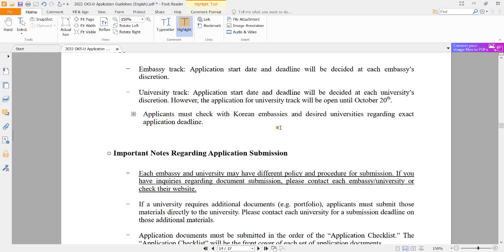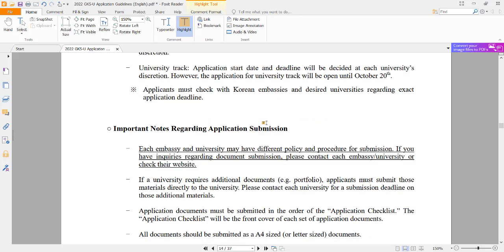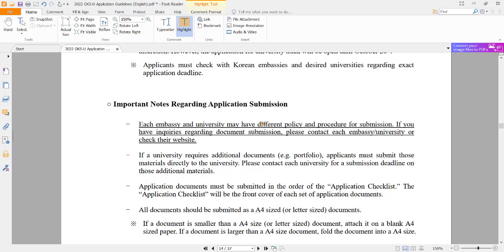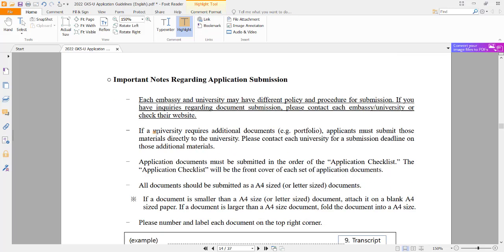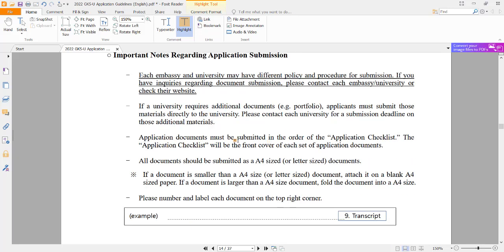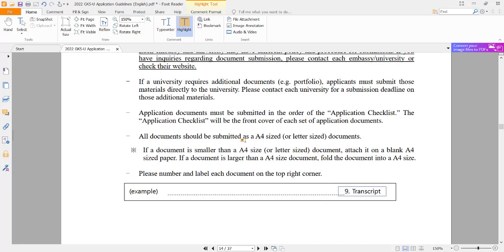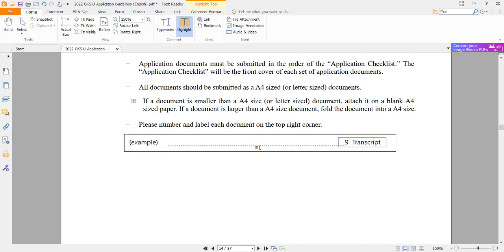So it depends on the university, but at maximum they can extend up to October 20. Now moving to the next points, each embassy policy is okay. If the university requires additional documents, you have to print all the documents. If you are printing or taking a photocopy, then you have to print it on A4 size documents.